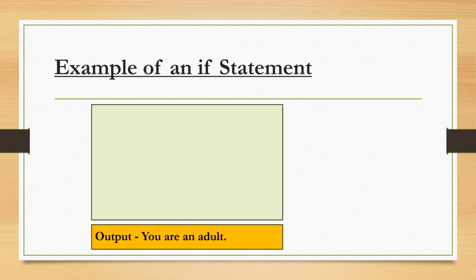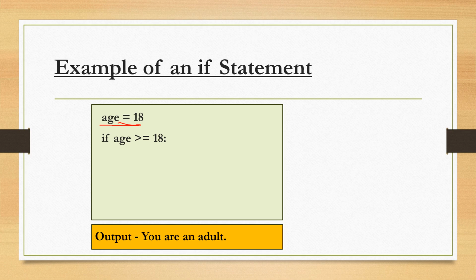Now we are going to see one example of the if statement. First of all, we have created one age variable and assigned it a value of 18. After that we are using the if statement. We are checking if age is greater than or equal to 18.